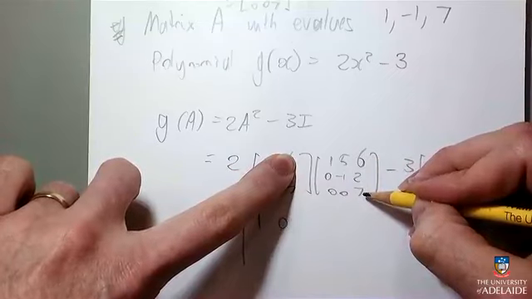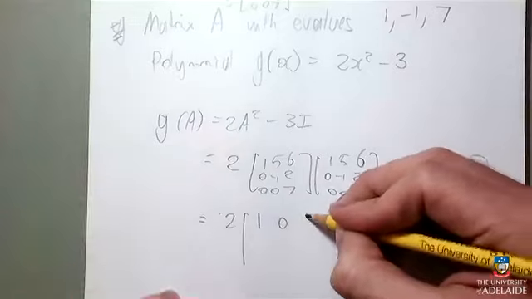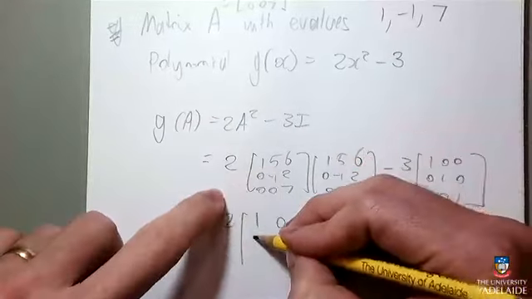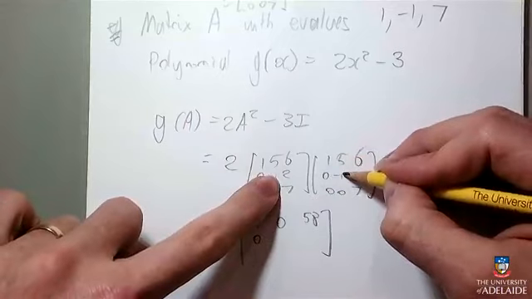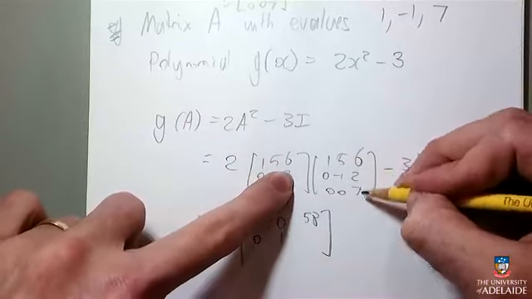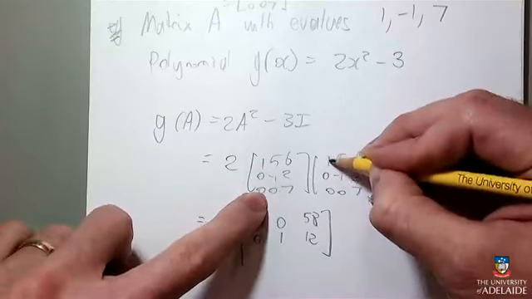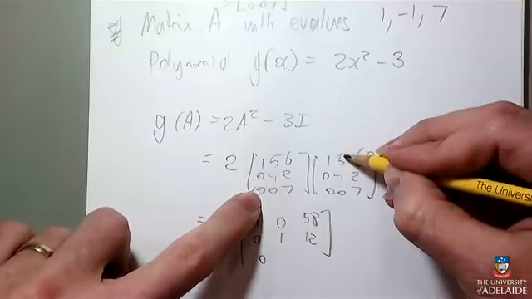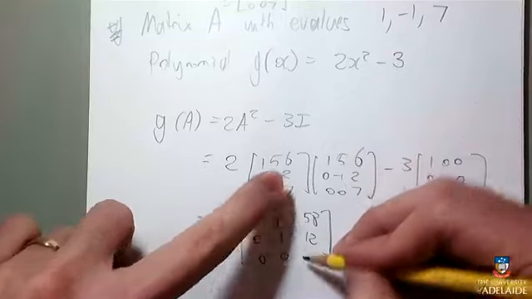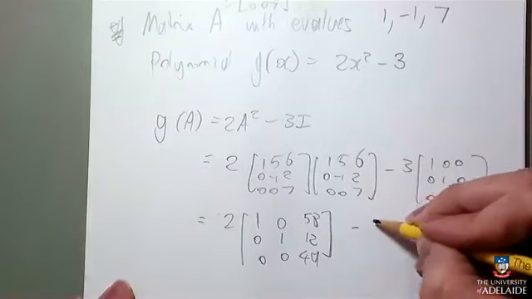Just a second. 42 plus 10 would be 52. Plus 6 would be 58. 0, 0, 0. Nice. 0, 1, 0, minus 2 plus 14 is 12. 0, 0, 0. 0, 0, 0. 0, 0. Wasn't too bad, actually, I have to say.